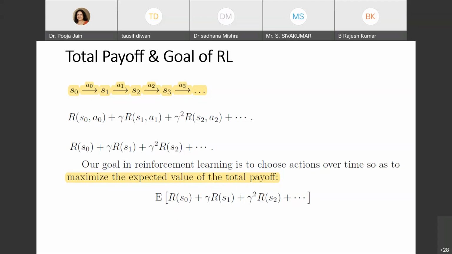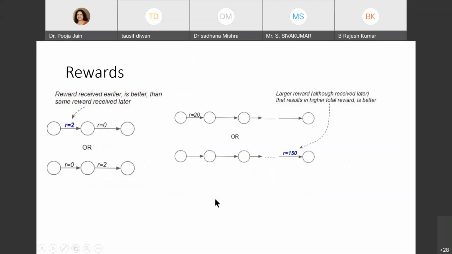Now, by looking at this particular expression, 2 types of rewards are there: rewards that are generated at a later stage and rewards that are generated at the initial stage. See here, 2 possibilities. Just look at this now. Here, reward is generated over here and the next reward is 0.